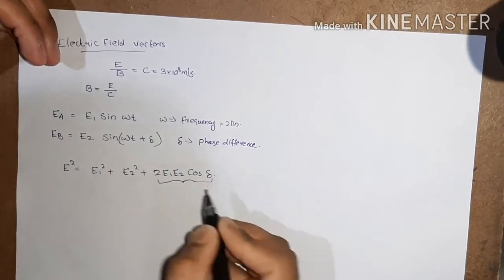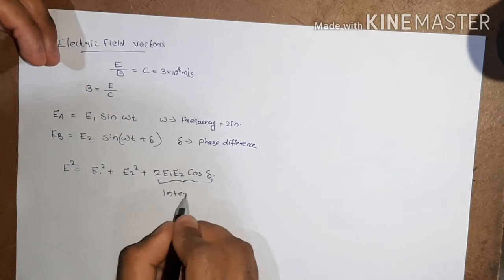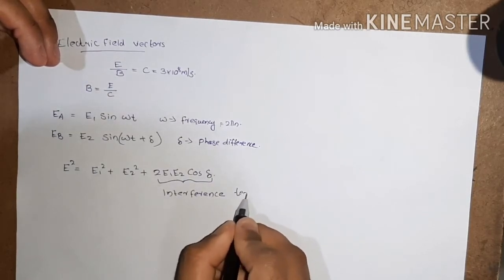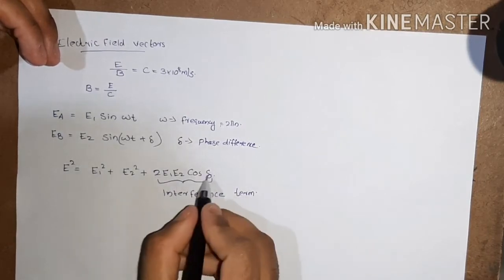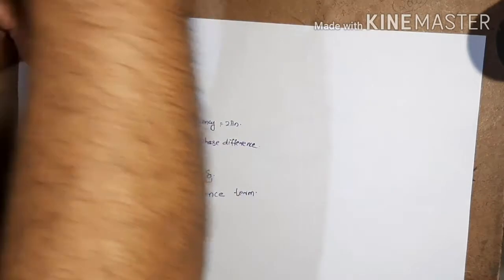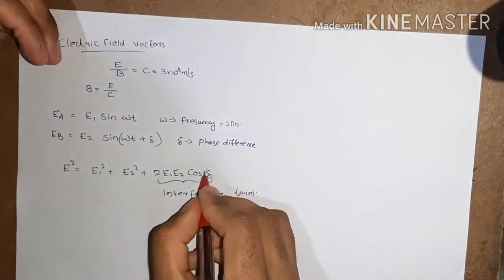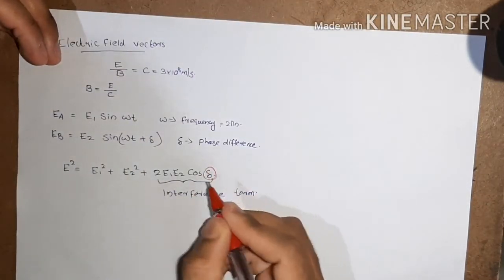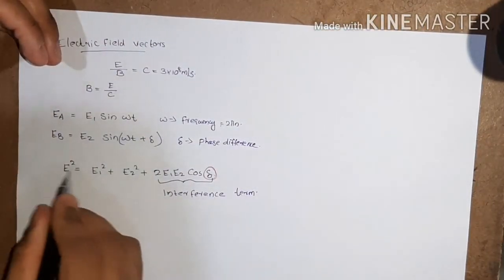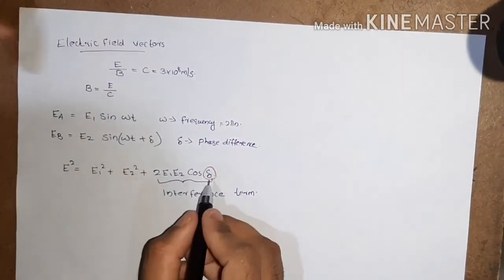This last term is the interference term, and it depends on delta, which is the phase difference. So with respect to the value of delta, there are changes in this electric field vector.